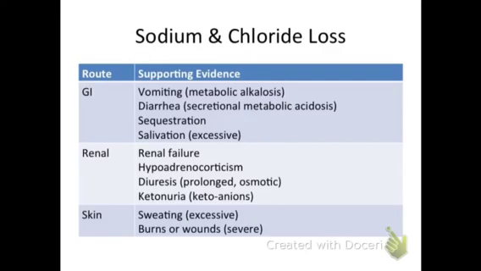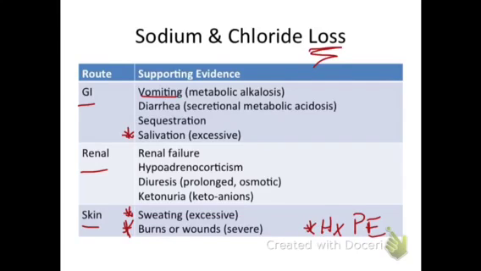Sodium and chloride can be lost in excess by the GI tract, the kidneys, or the skin. Excessive loss by salivation, sweating, burns, or wounds can only be confidently identified with historical findings or physical exam findings.